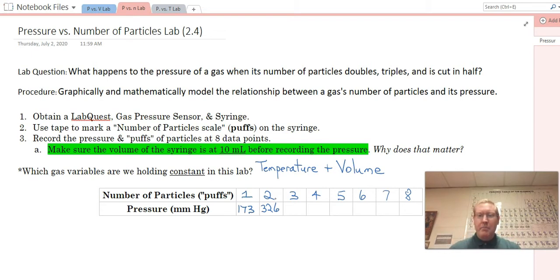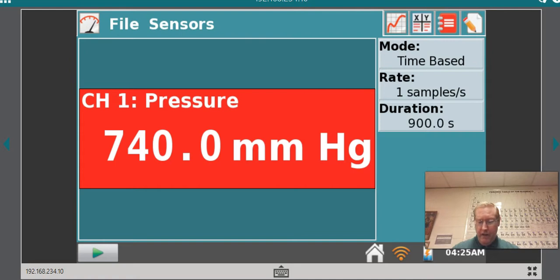And as it so happens, this time I'm actually going to have to push in on the plunger to get it to the 10 milliliter line. Again, I always want to keep volume the same, so I've got to adjust it however I need to make sure it's at 10 milliliters. So I'm going to push in on the plunger, hold it at 10 milliliters, and this time at right about, we'll call it 1021.